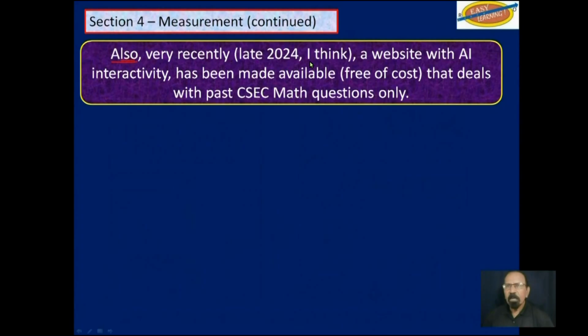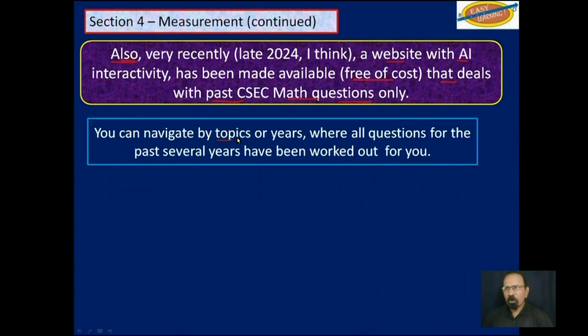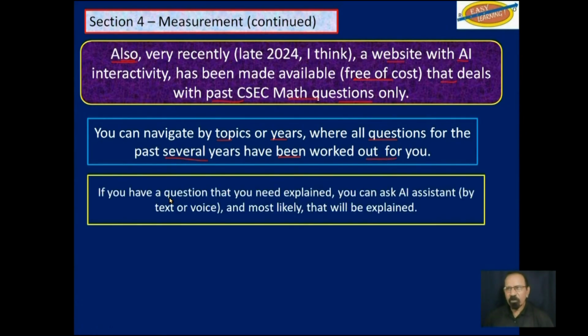Also, very recently, a website with AI interactivity has been made available free of cost that deals with past CSEC math questions only from paper 2. You can navigate by topics or years, where all questions for the past several years from paper 2 have been worked out for you. If you still have a question that you need explained, you can ask the AI assistant either by text or voice, and most likely that will be explained.